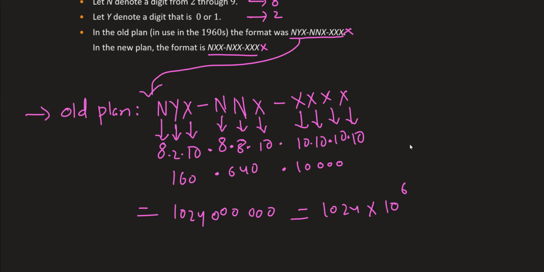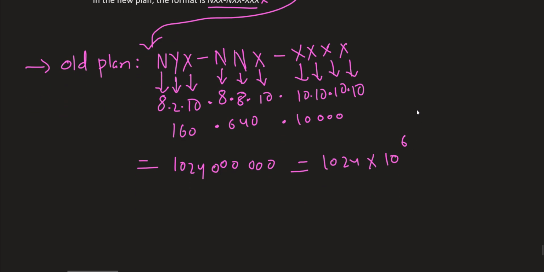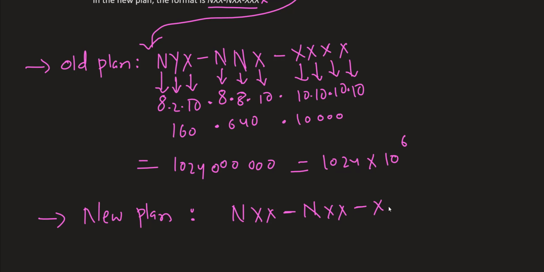Now likewise, let's have a look at how many numbers we can generate using the new plan. It's again a 10-digit number. The format is NXX NXX XXXX.